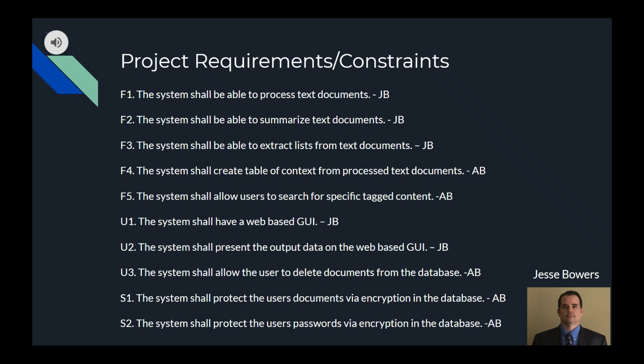The requirements for this project were that the system should be able to process PDFs to text documents, take the text from the documents and summarize it, creating a metadata tag. Then the information would be stored in a database with the page number in the PDF where the text was found.